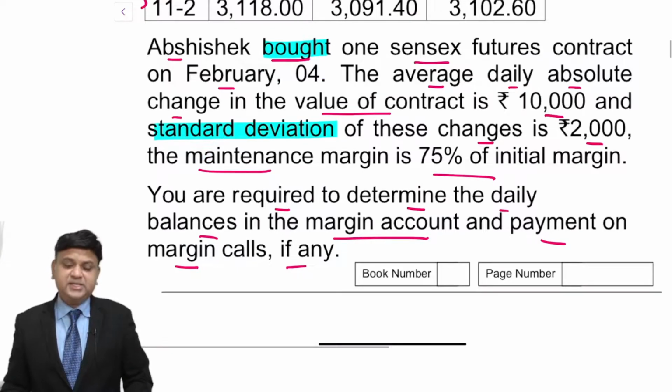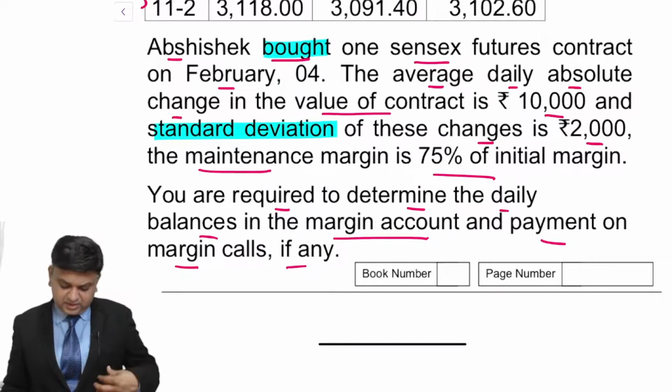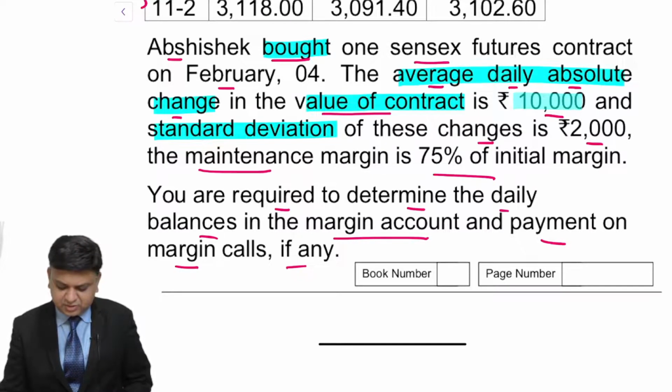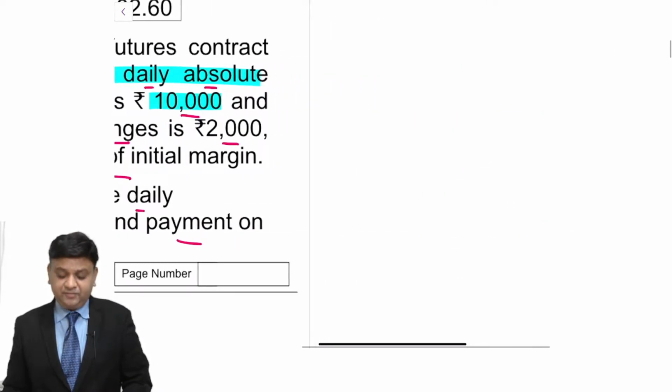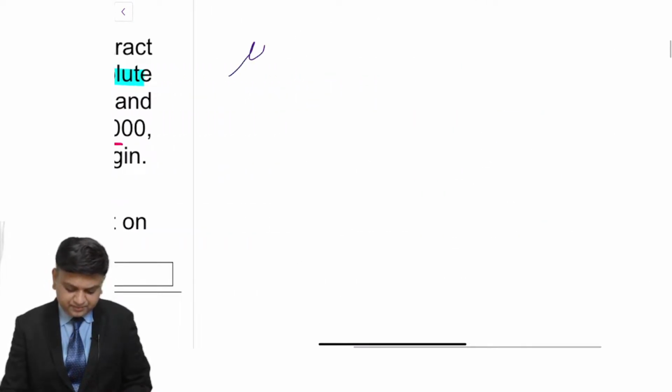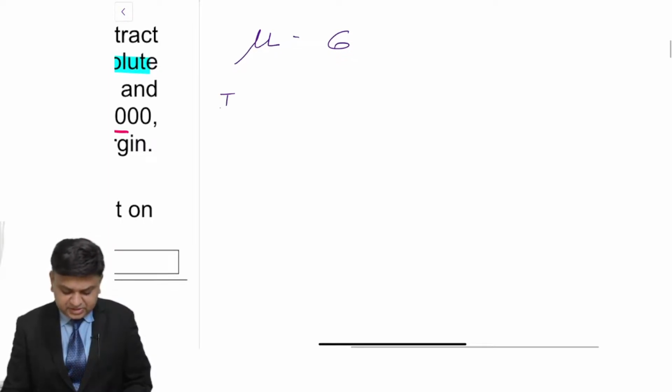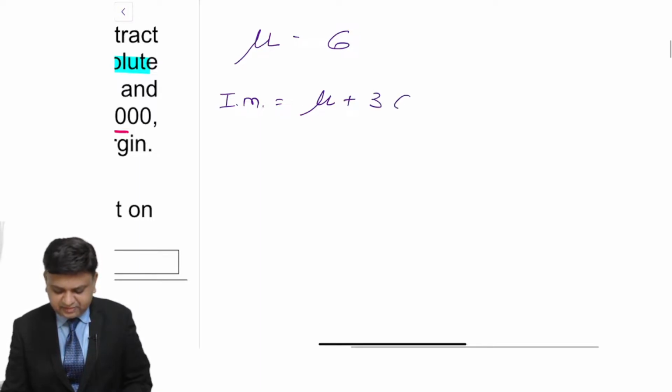The second thing that we have been provided over here is that the average daily absolute change in the value of the contract is 10,000 and the standard deviation is given. These are the statistical values, which are given a name as mu, that is, like x bar, and the standard deviation. So basically over here the initial margin will be calculated as mu plus 3 standard deviation.